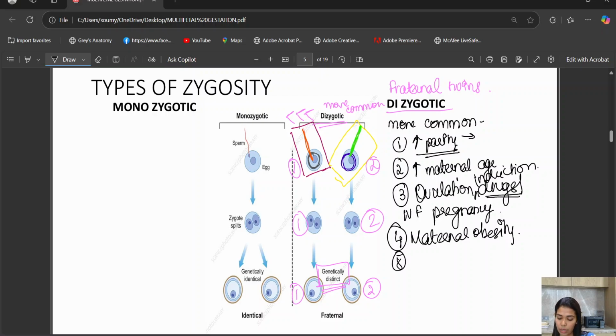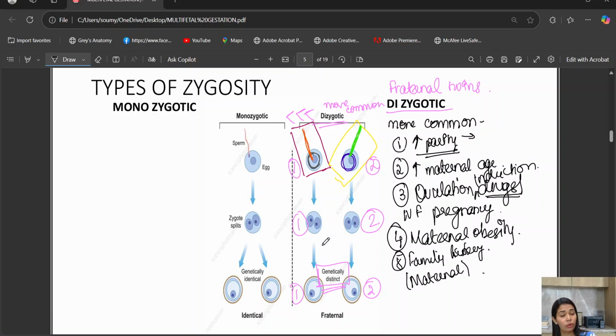And the last one is family history. Whose? Maternal or paternal? We are saying maternal family history more importantly. It predisposes you to having dizygotic, genetically distinct, fraternal twins.